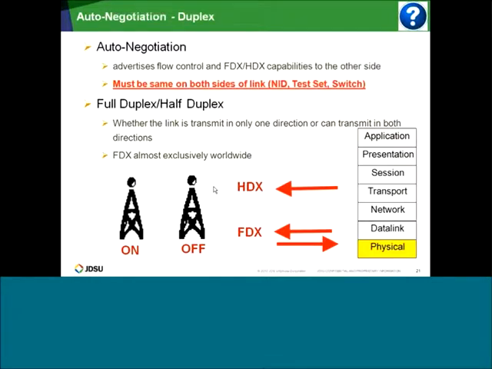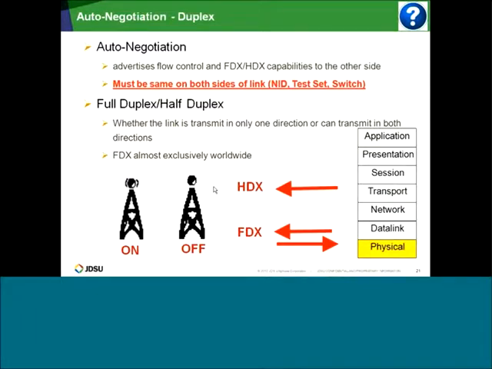As an example, let's say one side is 100 meg and 1000 meg capable, and the other side is only capable of doing 100 meg. The largest common denominator is going to be 100 meg, and they will auto negotiate to 100 meg full duplex. Another thing very important to remember is that you want it to always be in full duplex mode, not half duplex.